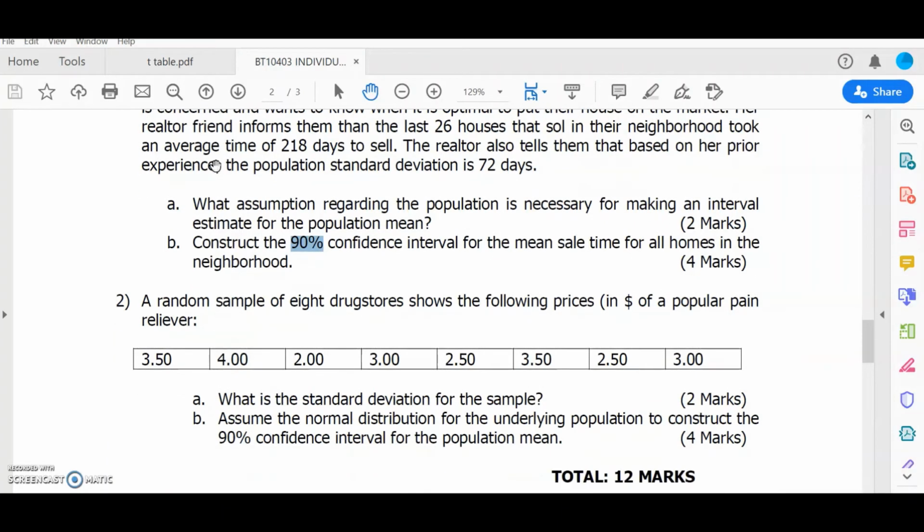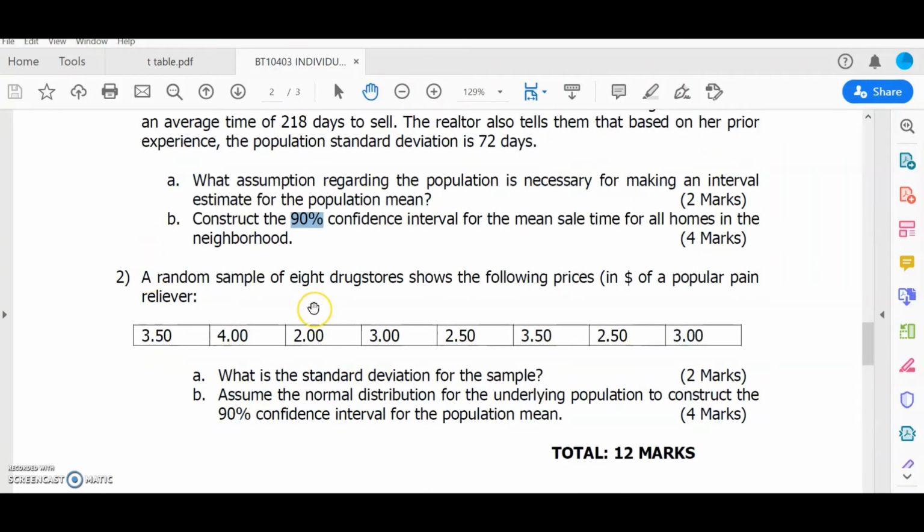If we read it: a random sample of 8 drugstores shows the following prices in dollars for a popular pain reliever: 3.50, 4.00, 2.00, 3.00, 2.50, 3.50, 2.50, and 3.00.